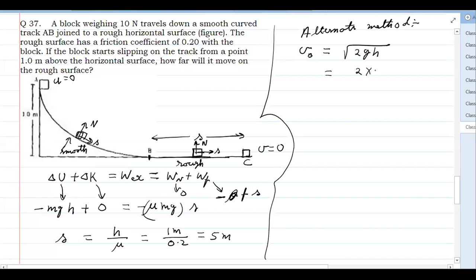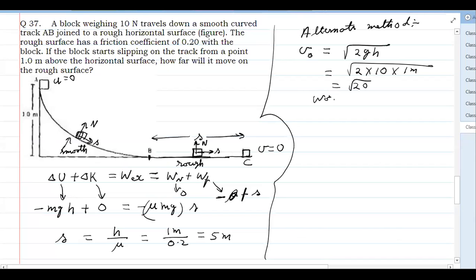So 2 into g is 10, h is 1 meter, under root, that is root 20. This is the velocity of the object here. From here we can find how far it will travel before it stops, so now apply the same principle between B and C.